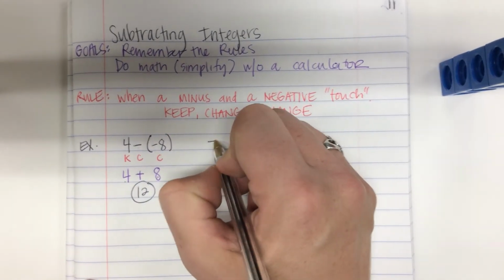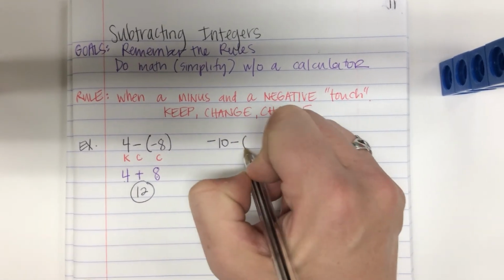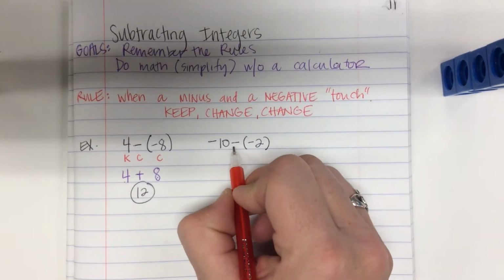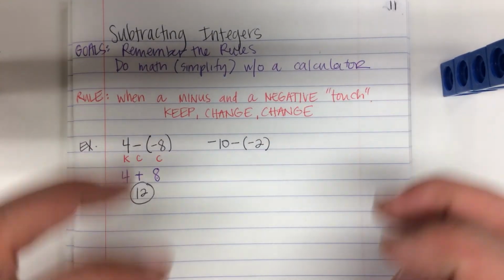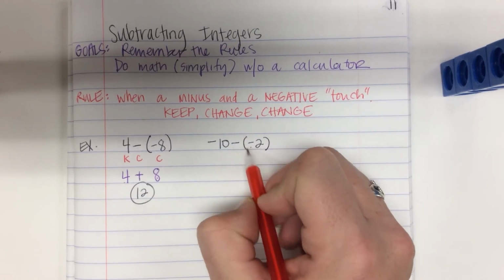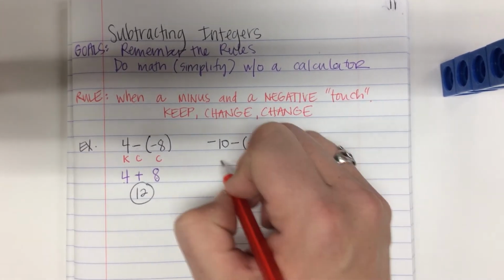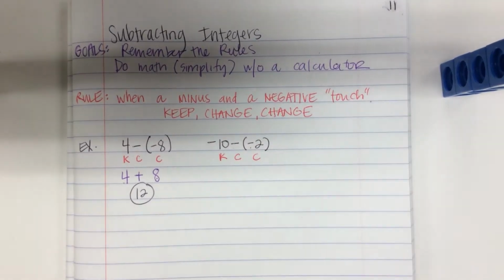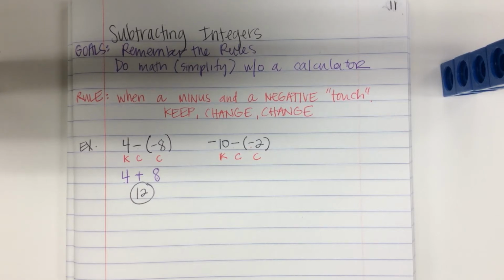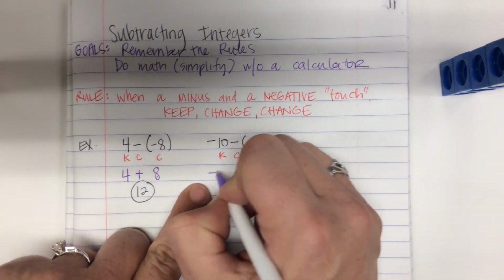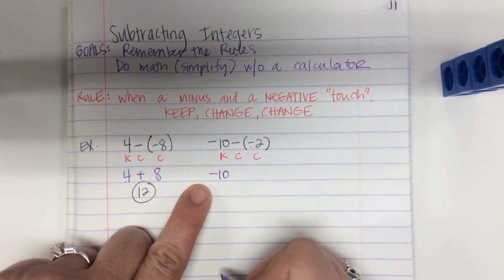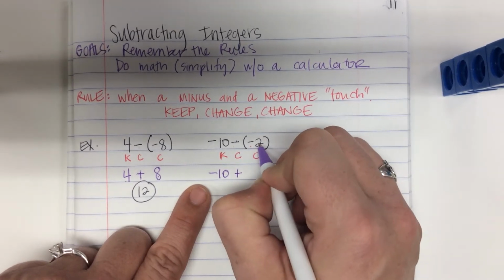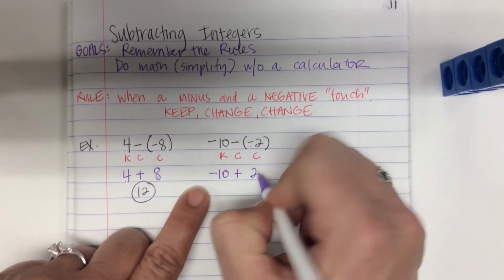Let's do another one. Negative 10 minus negative 2. Again, I have a minus touching a negative. There's not a number between them. So again, I'm going to write down keep, change, change. I keep the negative 10. I change the minus to a plus, and I change the negative 2 to positive 2.